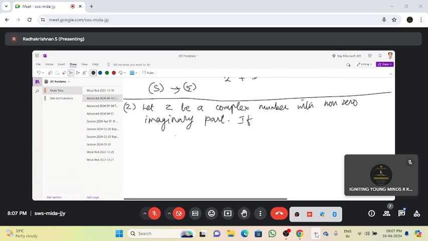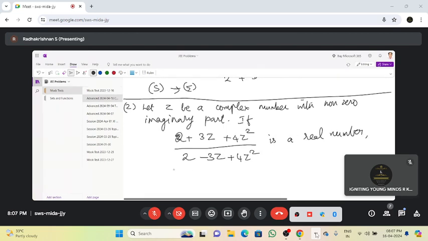If (2 + 3z + 4z²) divided by (2 − 3z + 4z²) is a real number, then what is the value of |z|²? Find |z|². The options are such that you have to calculate it and fill in that number. So this is the given condition.